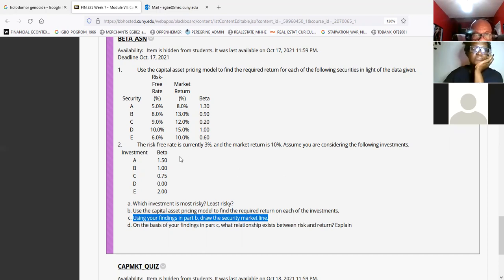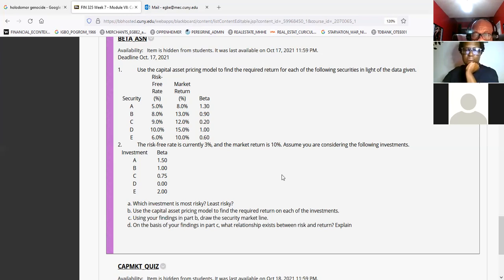Now, what you need to do then is to ask yourself, if the risk-free rate is 3% and the market rate is 10%, I'm going to solve for the rate of return for this.